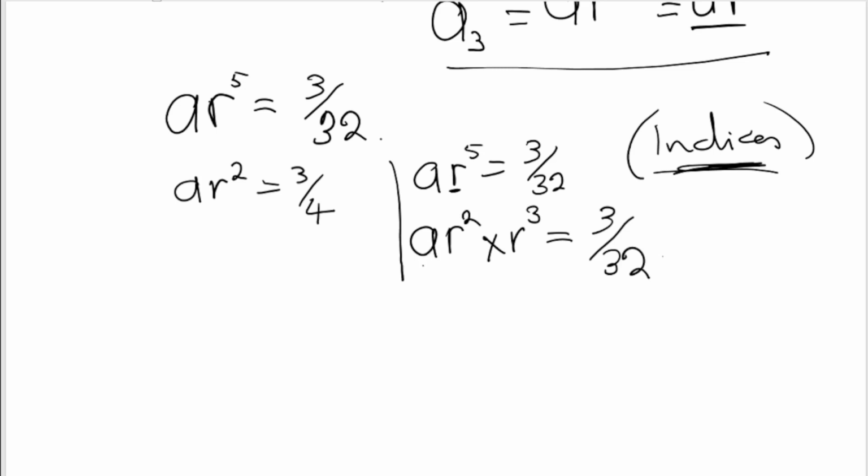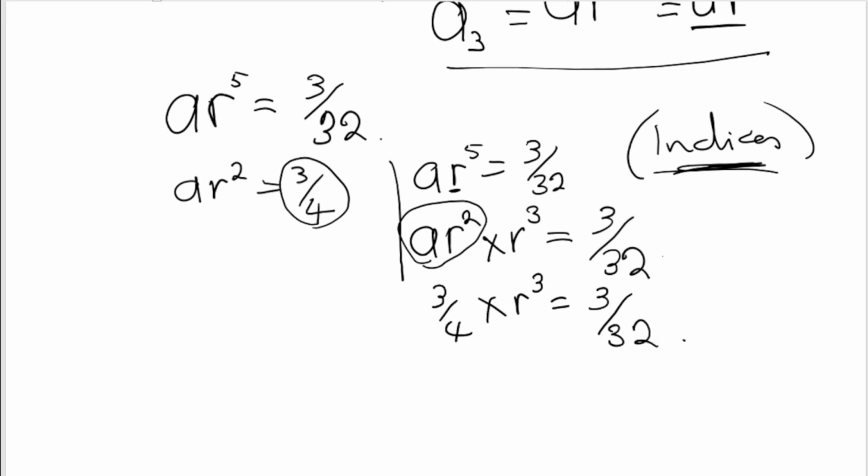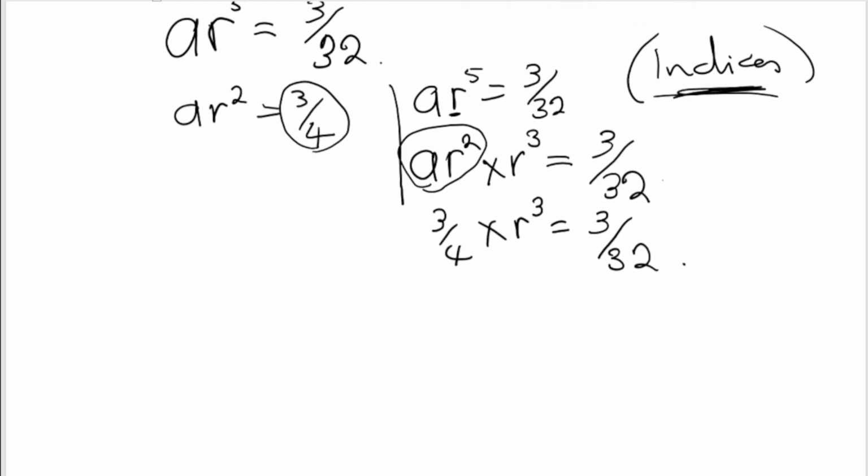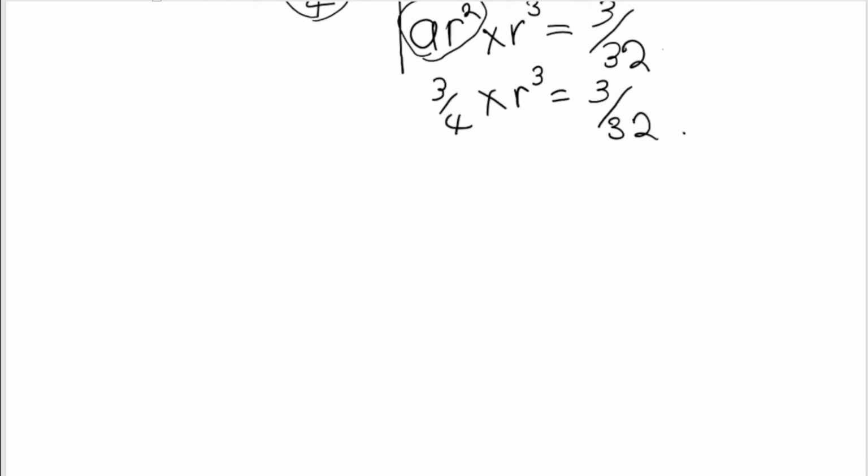Now, since we know what this is, it is this one here. We replace it there. So 3 over 4 multiplied by r to the power 3 is equal to 3 over 32. So we need to get rid of this. So we multiply throughout by 4 over 3.